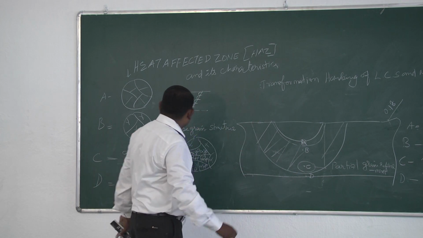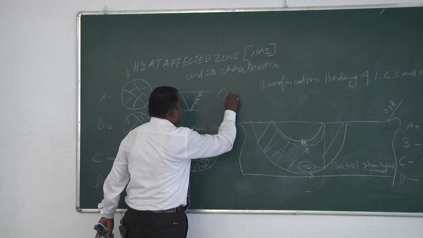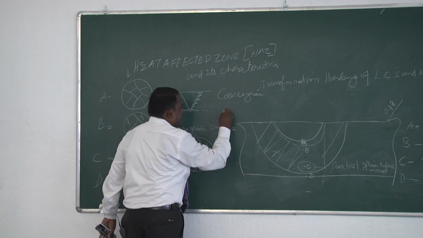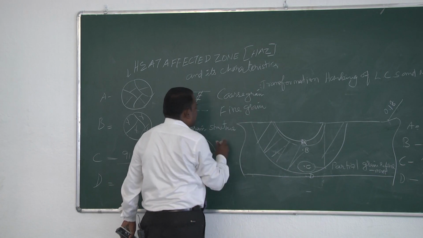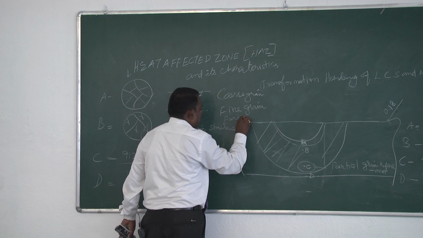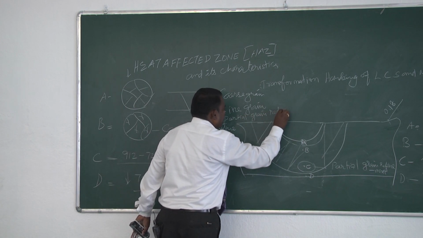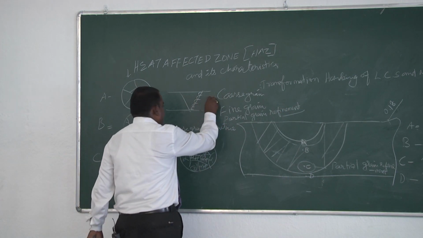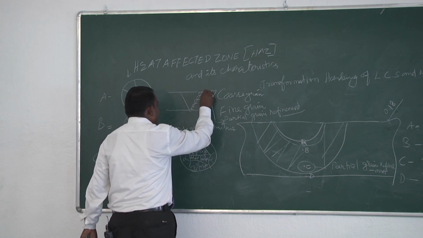It has three different kinds of microstructures: one is coarse grain, the other is fine grain, and the third is partial grain refinement. All three kinds of microstructures constitute the heat affected zone of the weld metal.